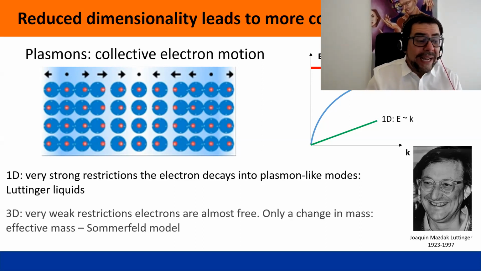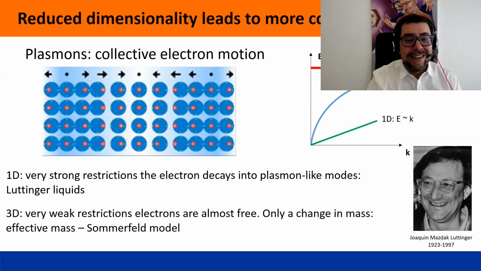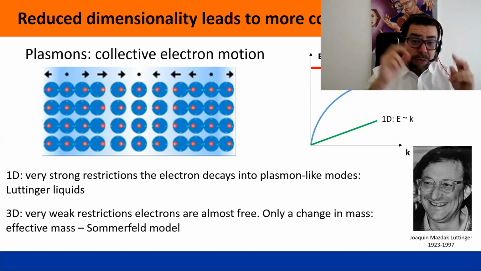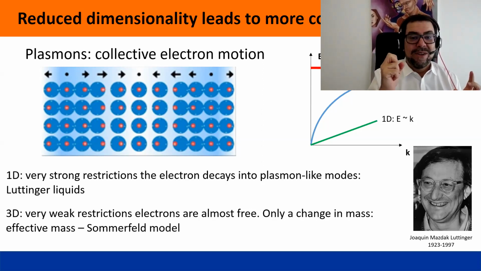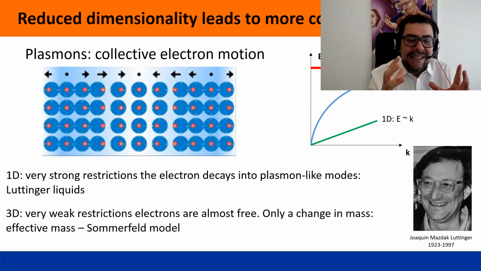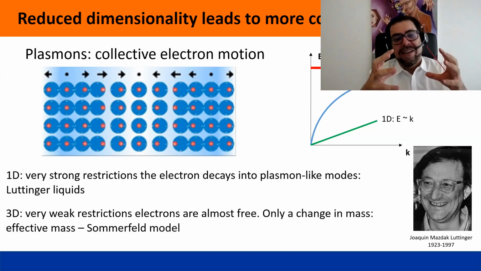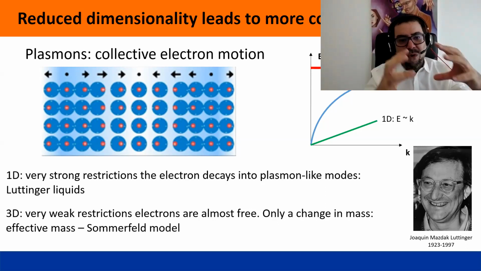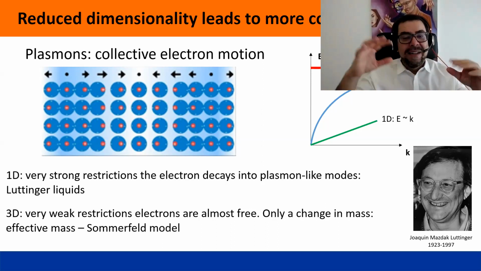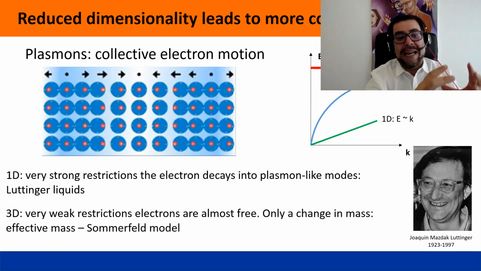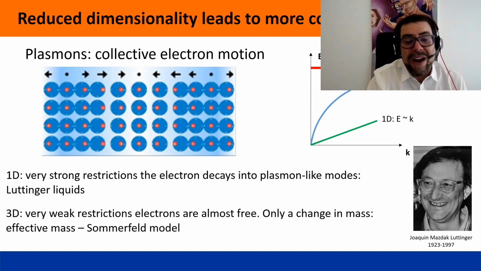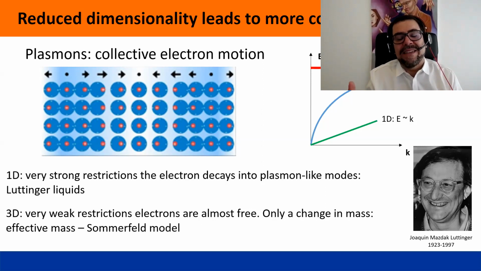Okay, in 3 dimensions, as I said before, these restrictions are very weak. So essentially, when you put an electron inside of a 3-dimensional material, it remains an electron. The only thing that happens is that its inertia changes, because now as it moves around, it has to drag the other electrons, it has to drag the lattice. So this is where the terminology effective mass comes from.